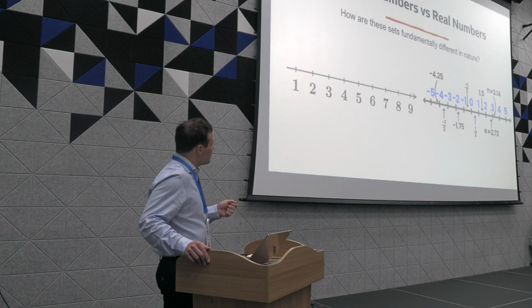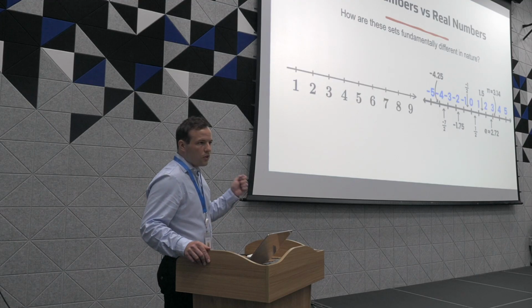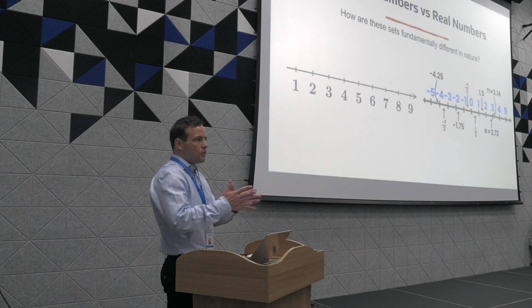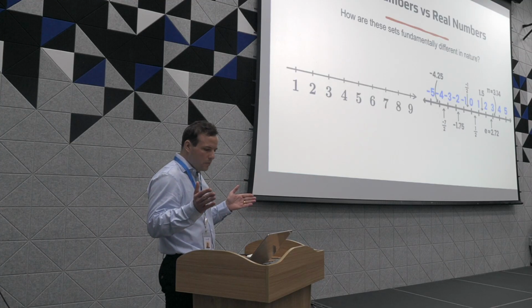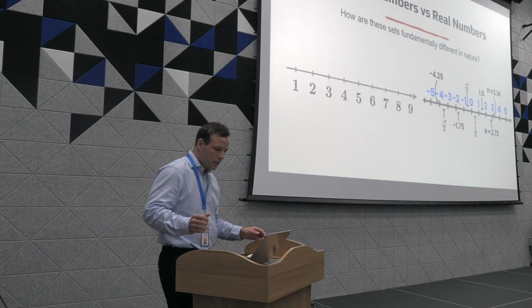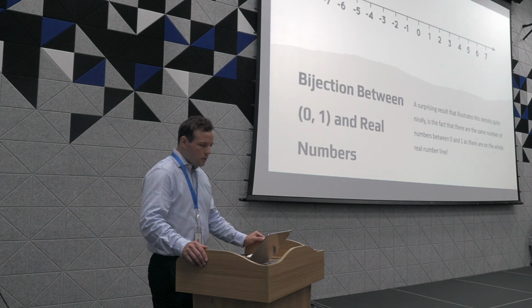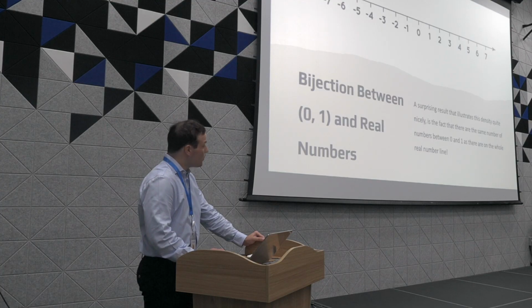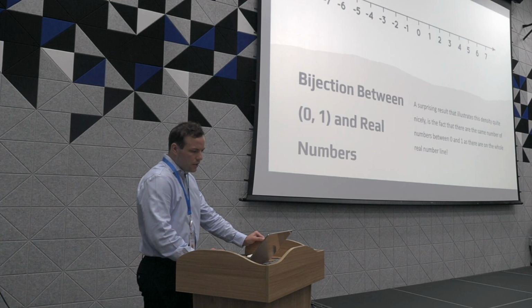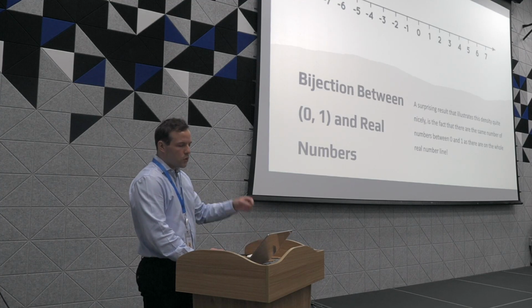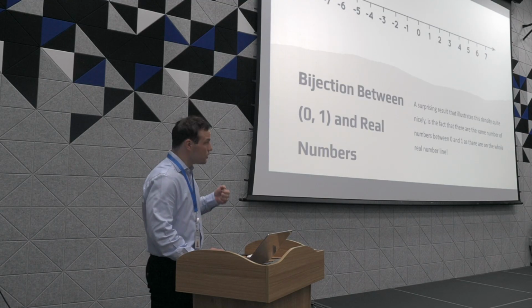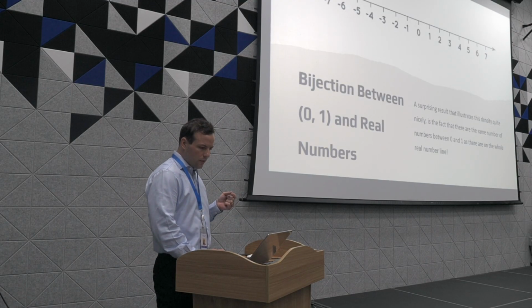And it seems that no matter how much we zoom in on the real number line, we just find infinitely many more numbers, and that infinite nature doesn't really stop. So a surprising fact that illustrates this density quite nicely is that there are the same number of numbers between 0 and 1 as there are on the whole real number line.